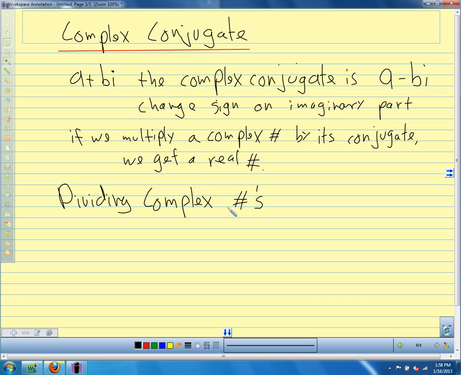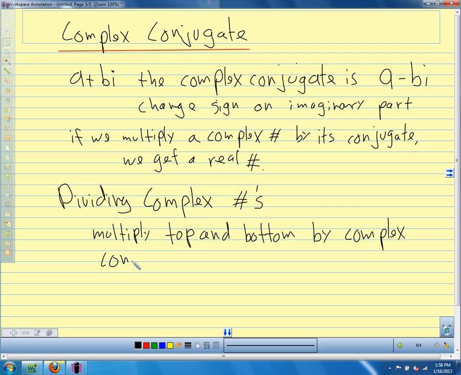So if we want to divide complex numbers, what we do is we multiply the numerator and denominator by the complex conjugate of the denominator. So I'm going to say multiply top and bottom by the complex conjugate of the denominator.